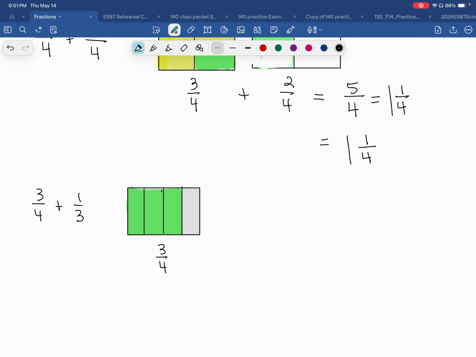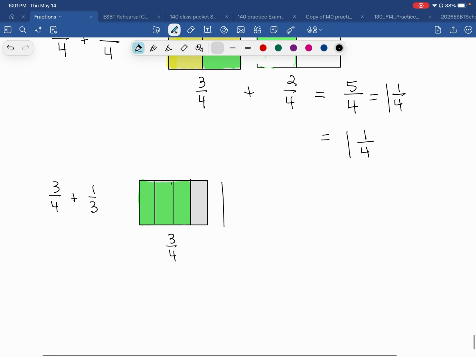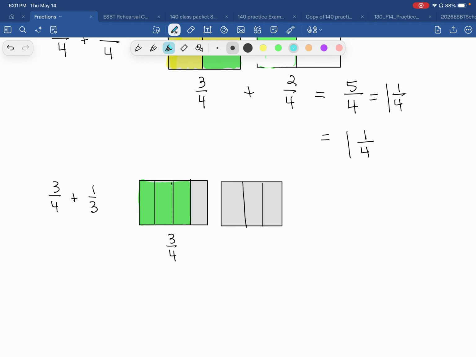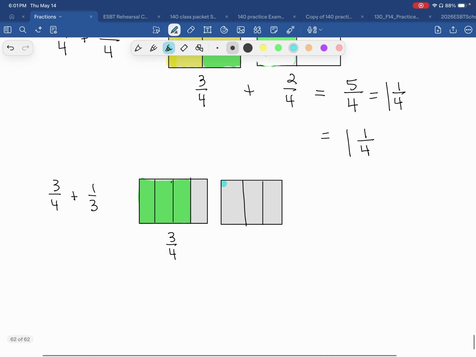And to that, we are going to add 1/3. So same size box-ish, only this time I'm cutting it into thirds. And I'm going to shade 1 of them. Okay, and that's my 1/3.